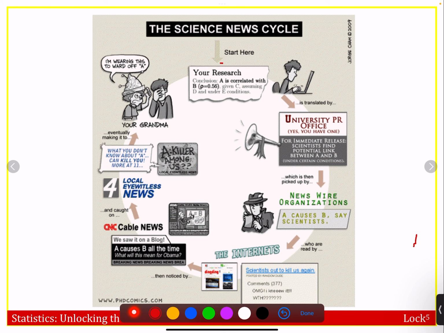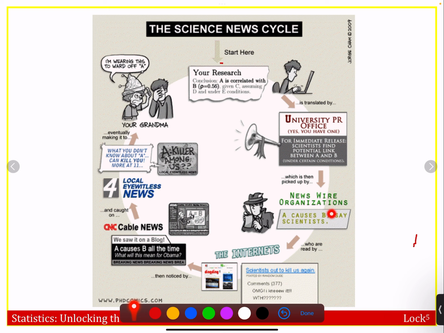We're going to start here at the top. Your research shows that A is correlated with B, with all sorts of caveats: given C, assuming D and E, under certain conditions. So you've got research that has a conclusion based on some conditions. The university PR office translates that to "scientists find potential link between A and B under certain conditions," which is then picked up by the newswires.